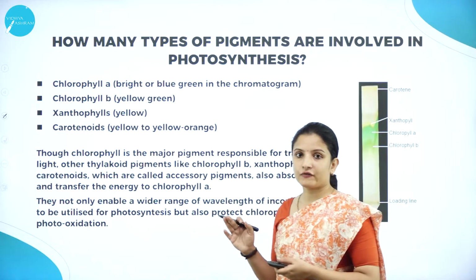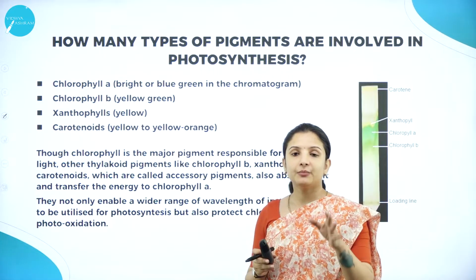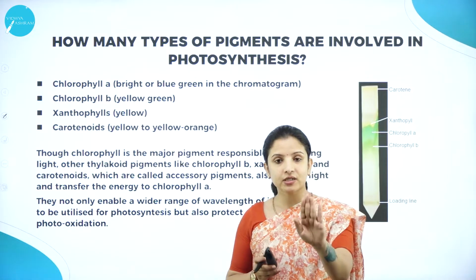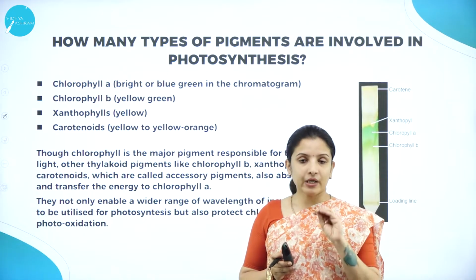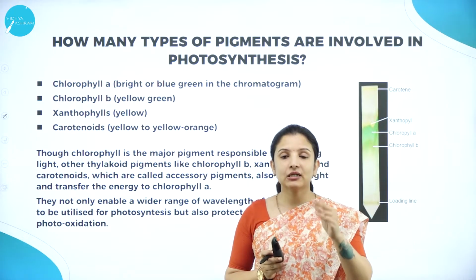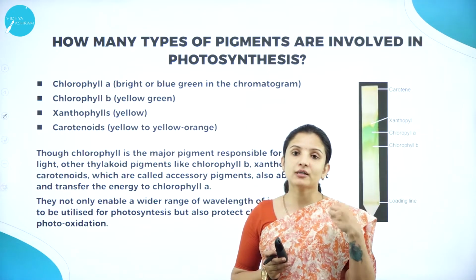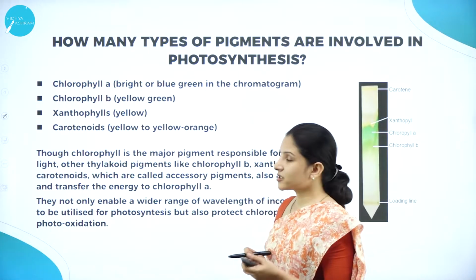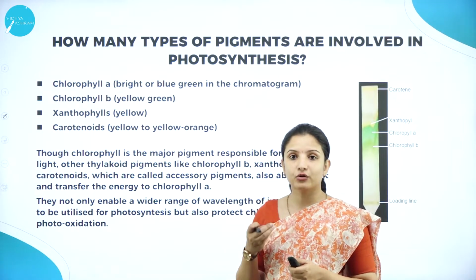But in the chlorophyll, there are different types of chlorophyll pigments. Say for example, if you take a leaf, generally when you see the color of the leaf, it will look one shade of green. But that shade of green itself has different shades in the form of different colors, which is not that well visible. But actually, they have different colors because of the presence of different chlorophyll pigments.